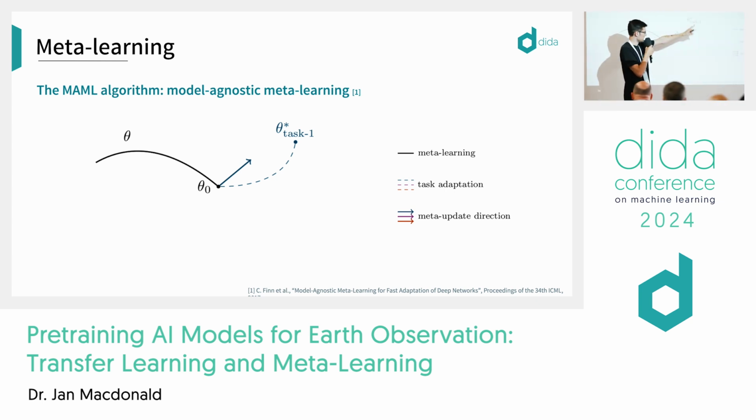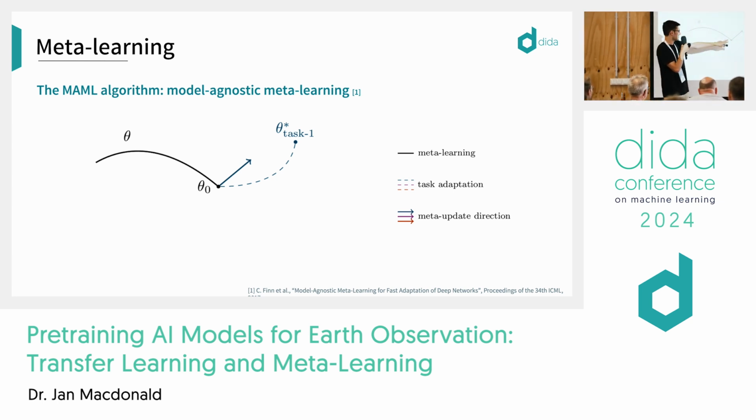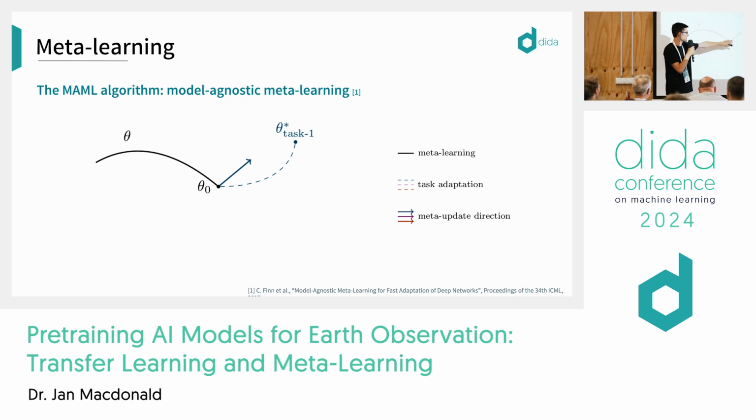This is represented by the dashed line here. And at the location where we end up, we now evaluate this adapted model using the query set, so the test set of that task. And then the meta-learning algorithm asks the question, by computing some gradients using the usual backpropagation: where should I move my starting position in order to make it easier for the model to adapt to this task? Like, where should I start next time if I want to learn quicker on this task?